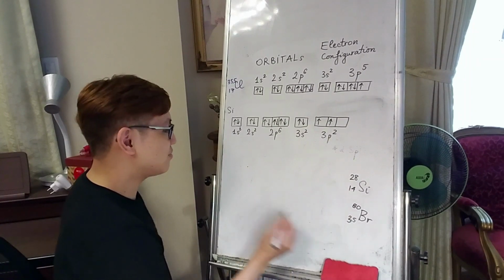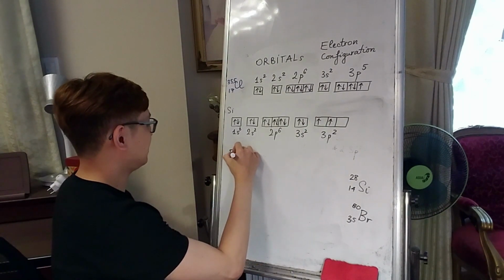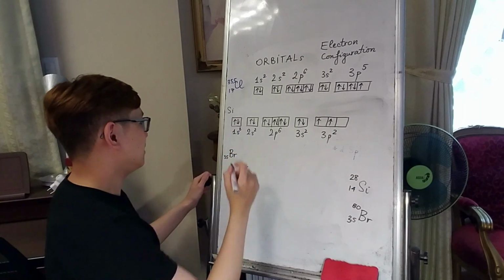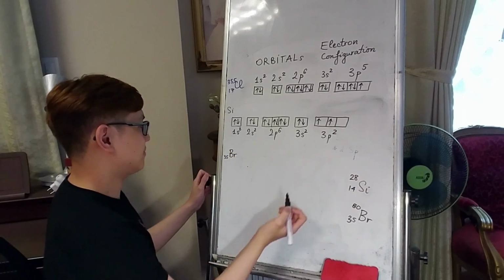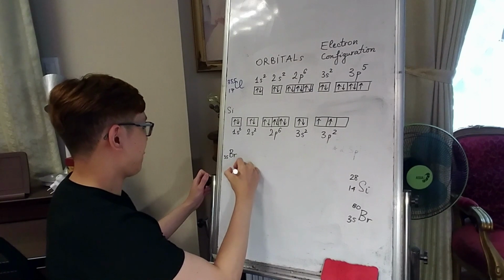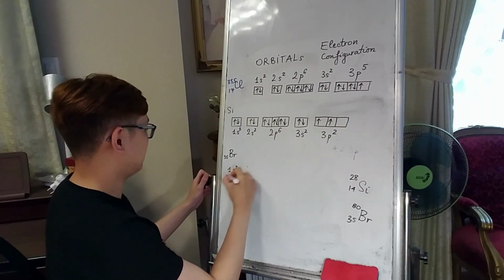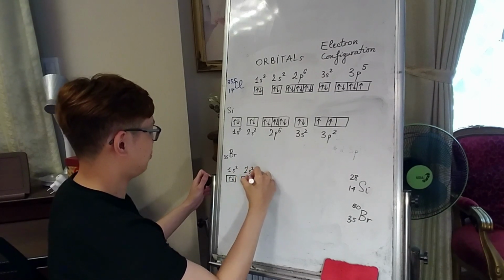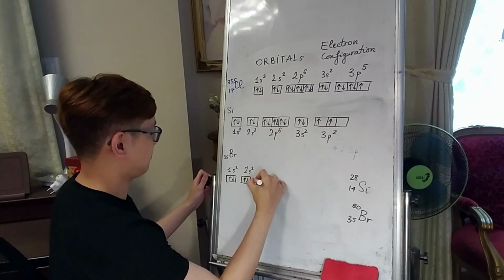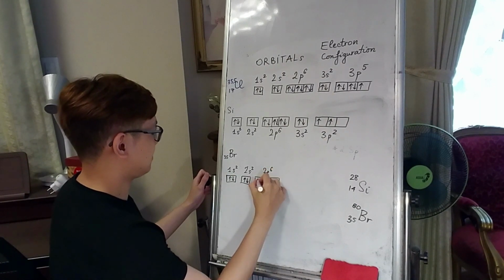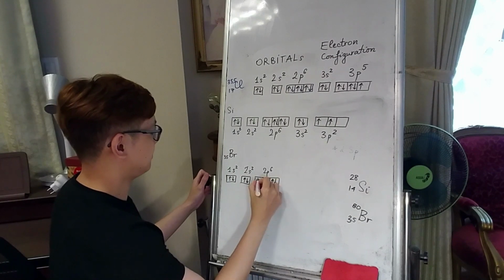Okay. Now bromine, Br 35. So it should be like this. 1s2. It's gonna be long. 2s2, 2p6. Up, up, up, down, down, down.